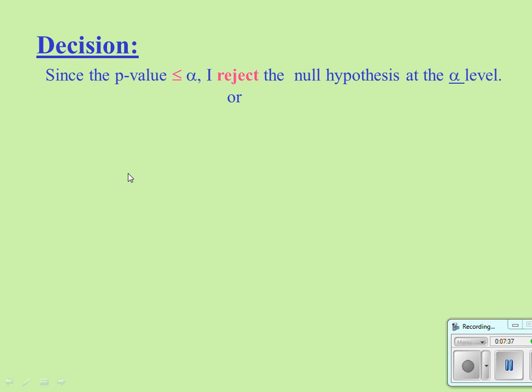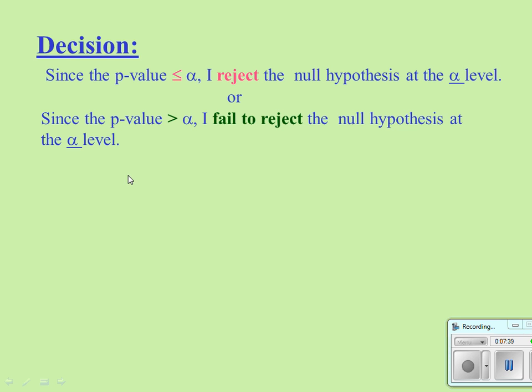Or the other occurrence you can have is, since the p-value is greater than your alpha, you fail to reject the null hypothesis at that level. Those are the only two things you can have. Those are the two sentences that I'm going to be looking for in your decision making.